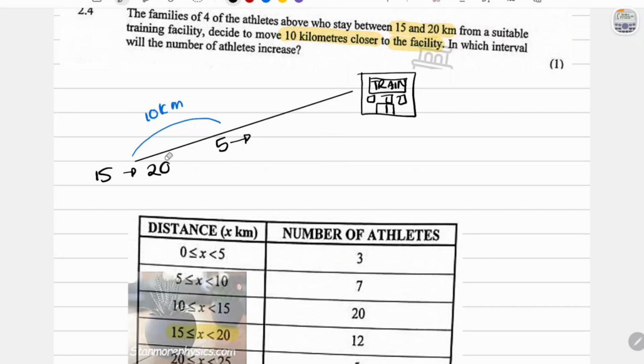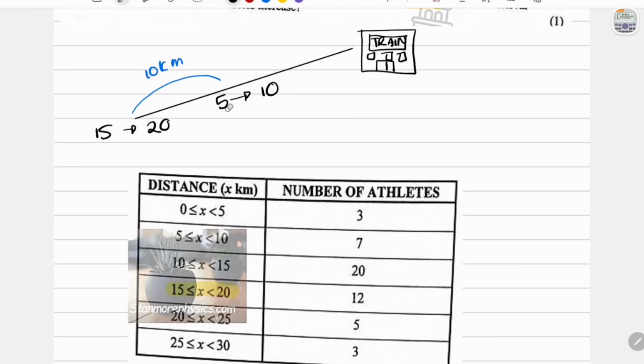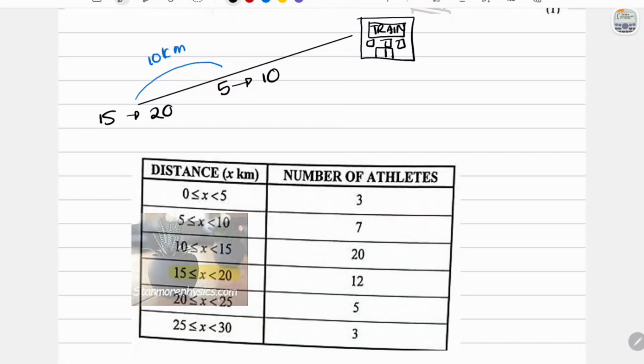Then if they used to be 20 kilometers away and they move 10 kilometers closer, they would now be 10. So you can see where they end up. They end up where x is greater than 5 but less than 10. So that means that they will move from here to this class, because that would be the class that is between 5 to 10 kilometers. So it moves to there.